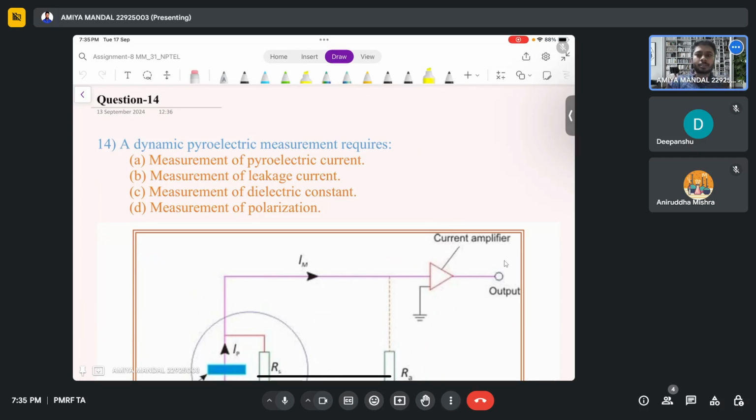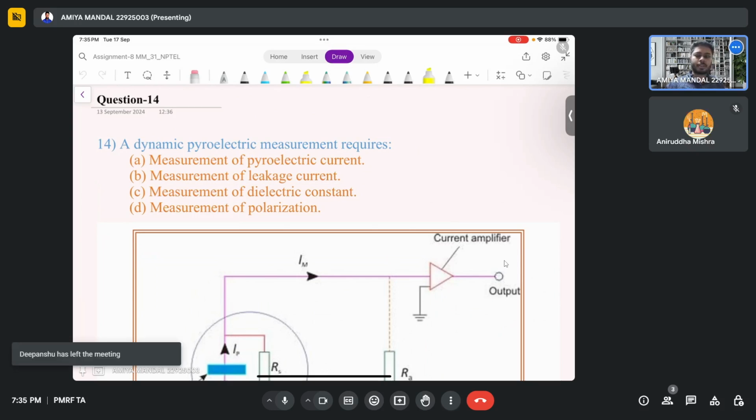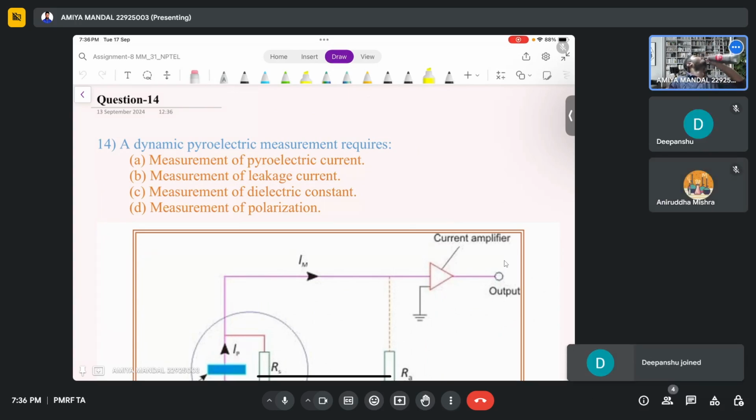This question is about pyroelectric measurement, how the pyroelectricity of a sample is measured. A dynamic pyroelectric measurement.